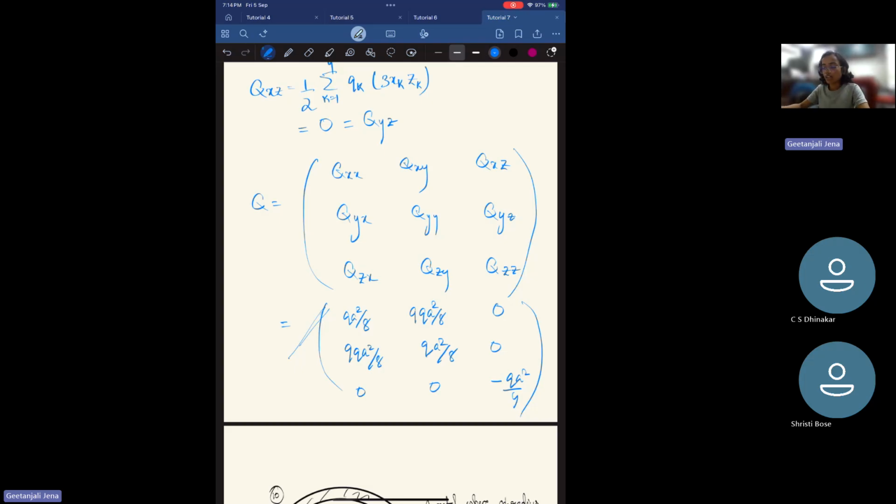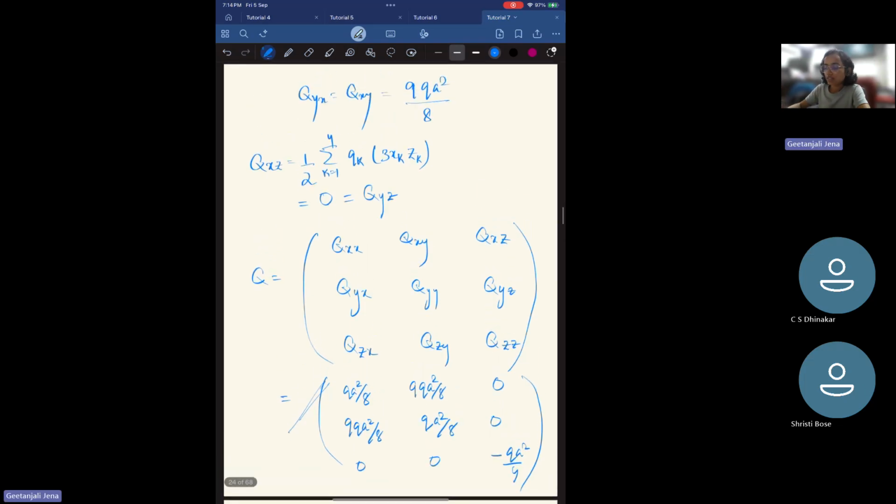So this is how you can calculate the different elements of the quadrupole moment tensor. Just follow the steps in detail, and if you calculate it in detail, then it's easy for you to find out the others.